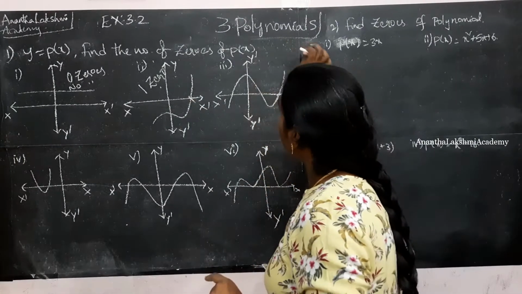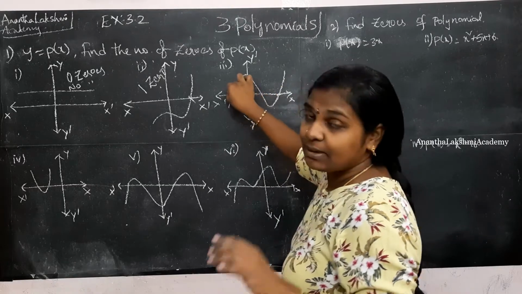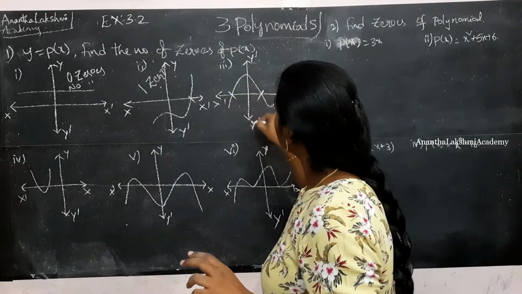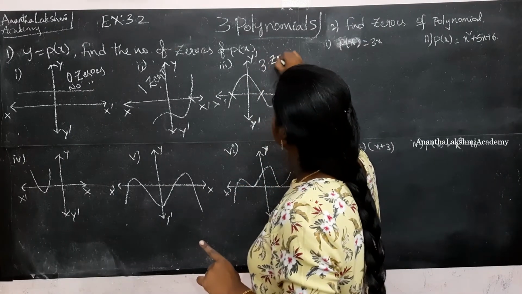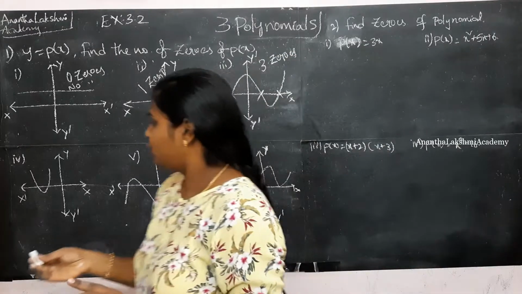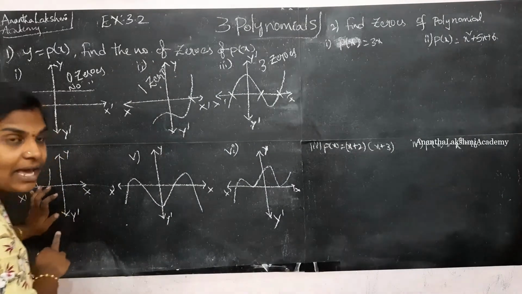Now here if you observe the third graph, it is like this. At how many points is it touching the x-axis? 1, 2 and 3. So there are 3 zeros. All right, next for the fourth problem, I told you for quadratic polynomials the graph will be like a parabola.